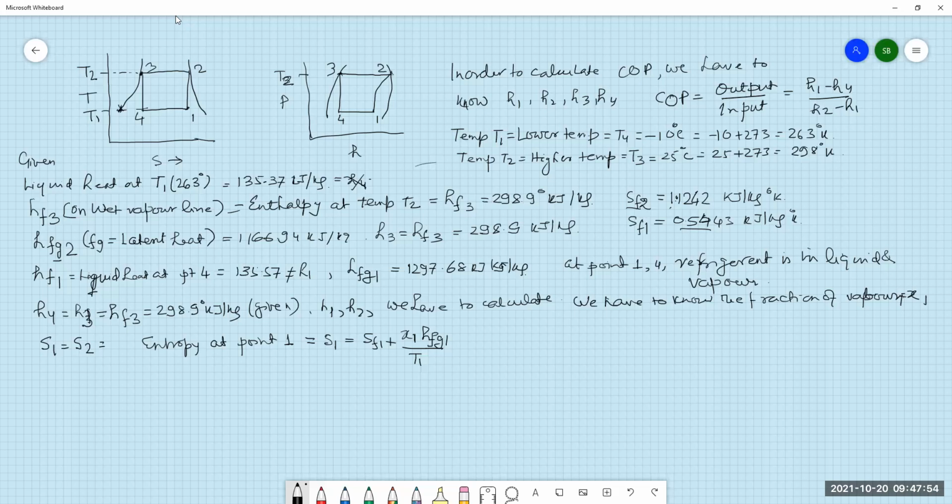HF2 is 298.9, plus HFG2, which is 1166.94, which is equal to 1465.84 kilojoule per kg.